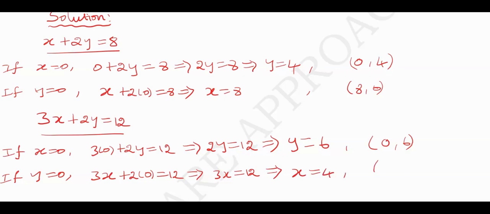So the point is 4, 0. X is 4, y is 0. Now we have the points for the equation x plus 2y which is equal to 8 and 3x plus 2y which is equal to 12. Now we'll draw the graph for these equations.